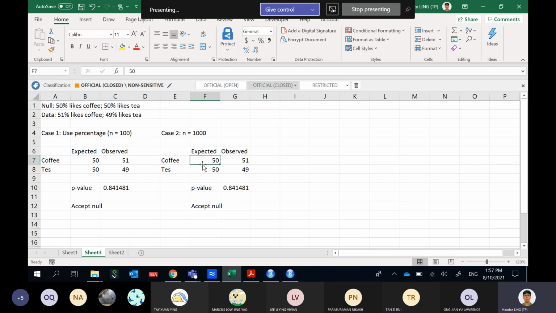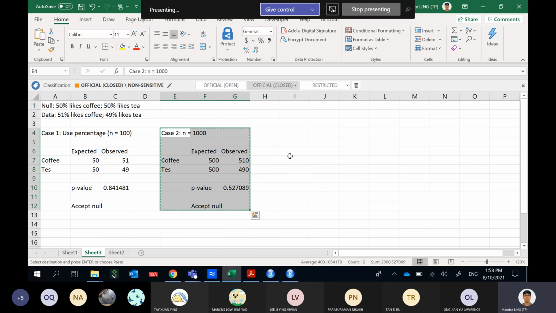What is then the expected now? 500, 500. What is then the observed? Based on the data, 51%, so it's 510, 490. Now look at the p-value. It changed. But you still accept the null hypothesis, right?